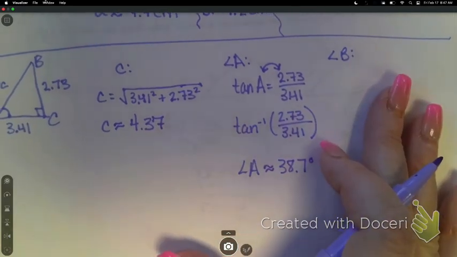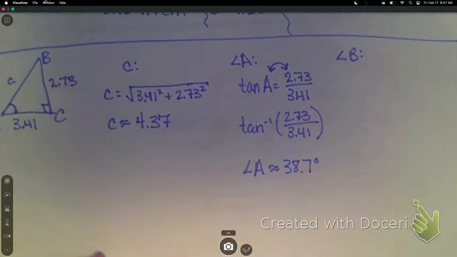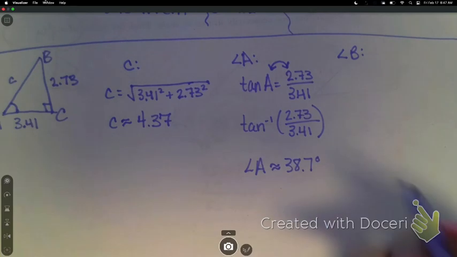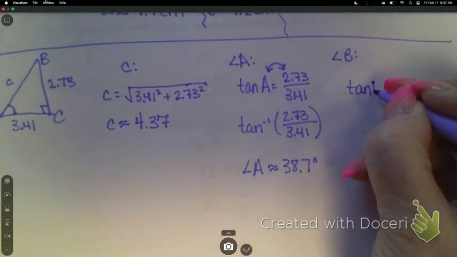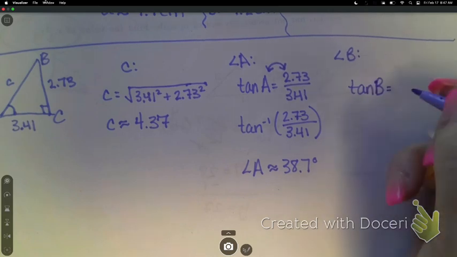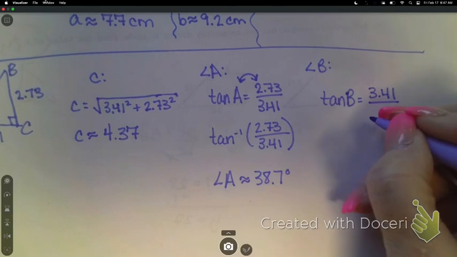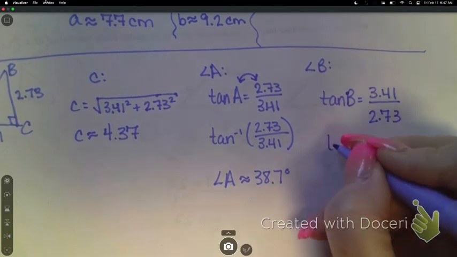Okay, so now I'm going to do B. What are you going to use with B? Tangent. So the tangent of B is 3.41 over 2.73. So we're going to do the inverse.